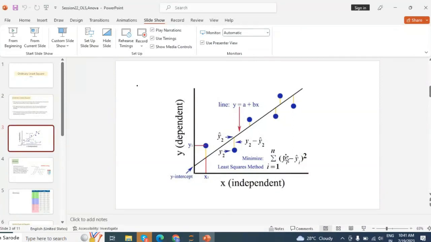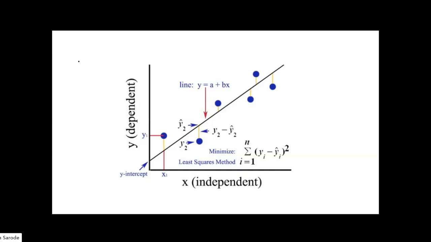In this diagram, the complete simple linear regression is involved. Can you see this line? The black line, correct?